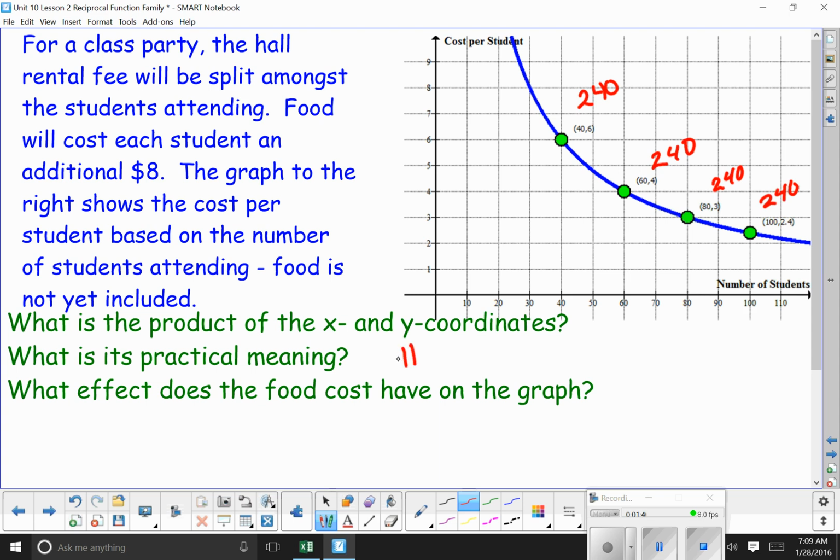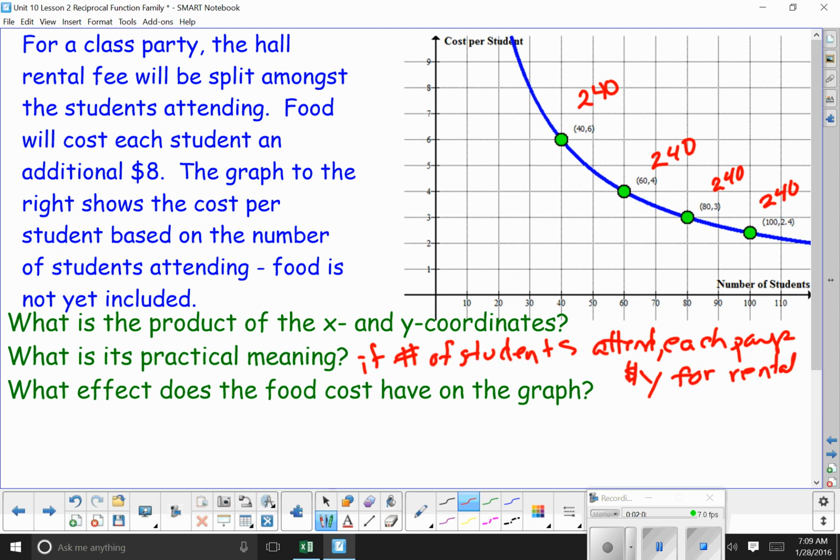So it's number of students. If the given number of students attend, each pays y dollars for rental.